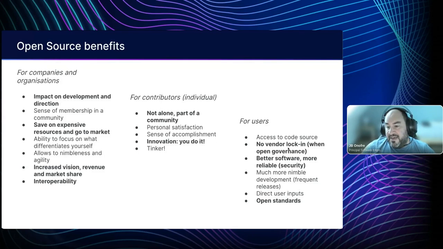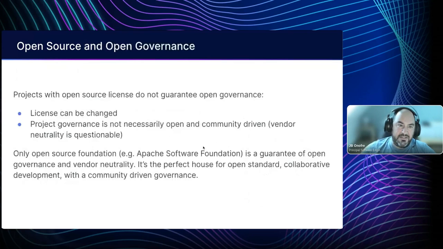I said that no vendor lock-in is a value, but I would like to put some perspective about that. Having a project with an open source license is not a guarantee of open governance. It means that the license can be changed at any time.